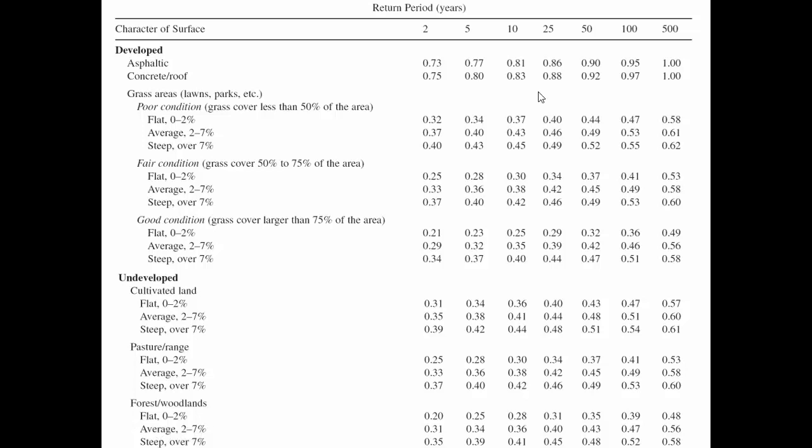Okay, so what you can do is also look at the trend for slope. So think about grass. And they've got definitions for poor condition grass, fair, good condition. What is the trend when it comes to slope? How does that affect the amount of runoff versus how much infiltrates?